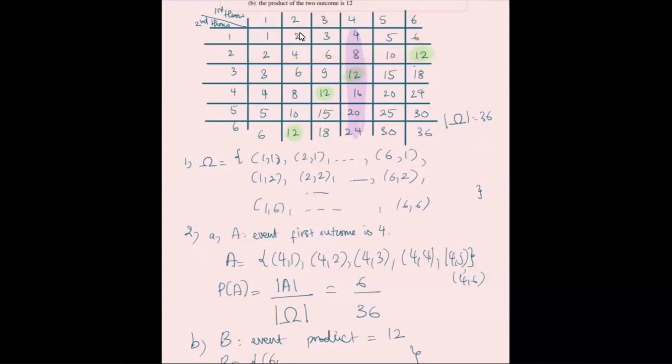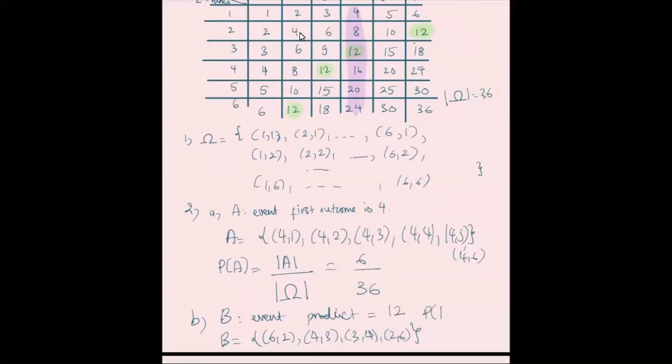So I have 6, 2. This one, first outcome is 4, second outcome is 3. So I have 4, 3, and 3, 4, 2, and 6. And then I have probability of B is the number of elements in B divided by the number of elements in the sample space, which is 4/36. Does this make sense for everyone?